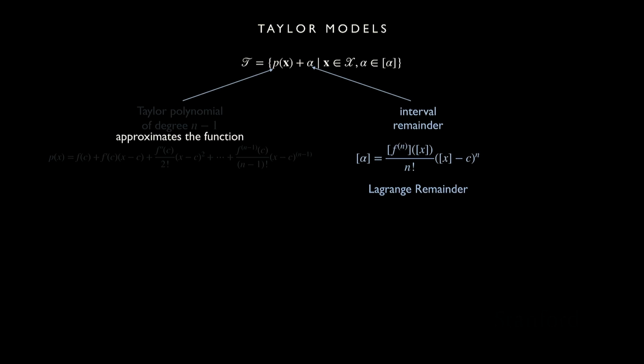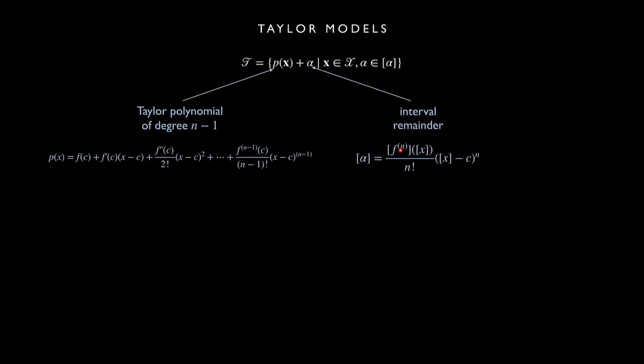We cite that in the book, but we're not going to get into it. And this is a natural interval. When you're doing the Taylor series, all the f's are approximated by the natural interval. You see how you have the bracket f at the nth derivative of f? This is the natural inclusion function for the nth derivative of that.